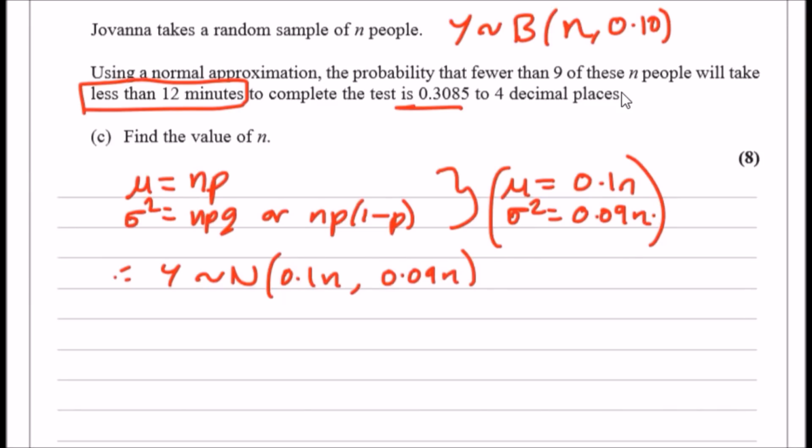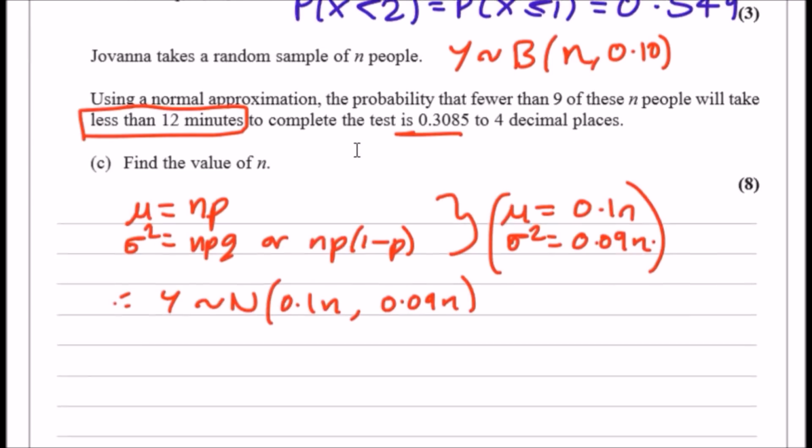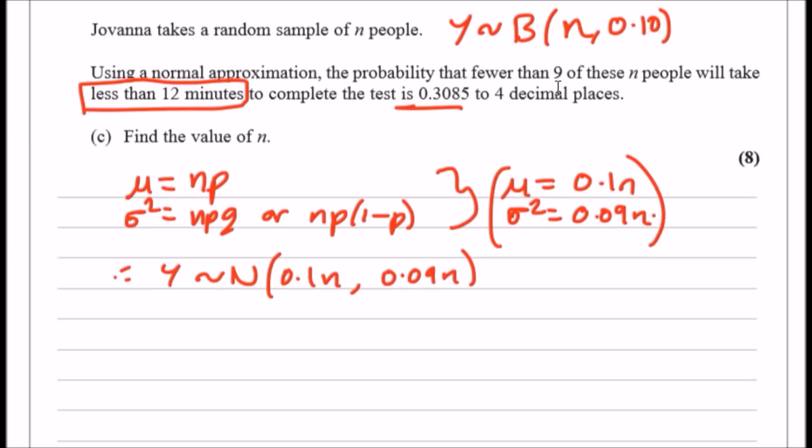So, almost done, guys, almost done. One thing to note when you're using the normal approximation: notice how the binomial only takes integer values. So if it said fewer than 9, it could refer to less than or equal to 8. However, a normal distribution is continuous. However, when we take that into account, because we have probability under binomial, less than 9 is equal to less than or equal to 8.